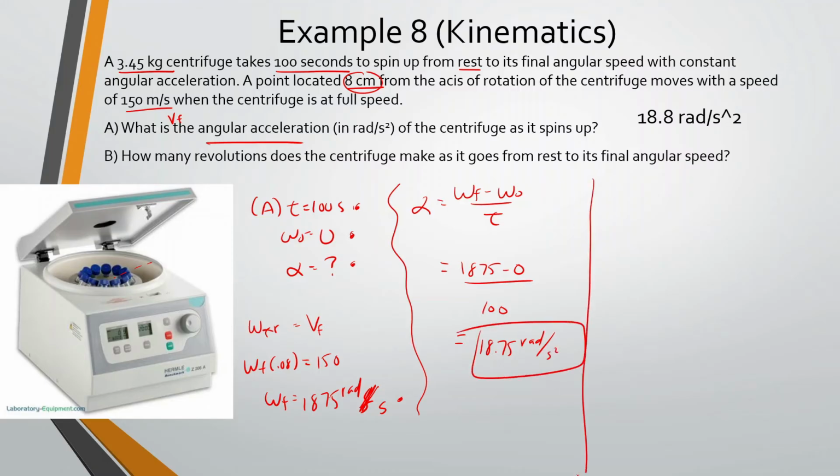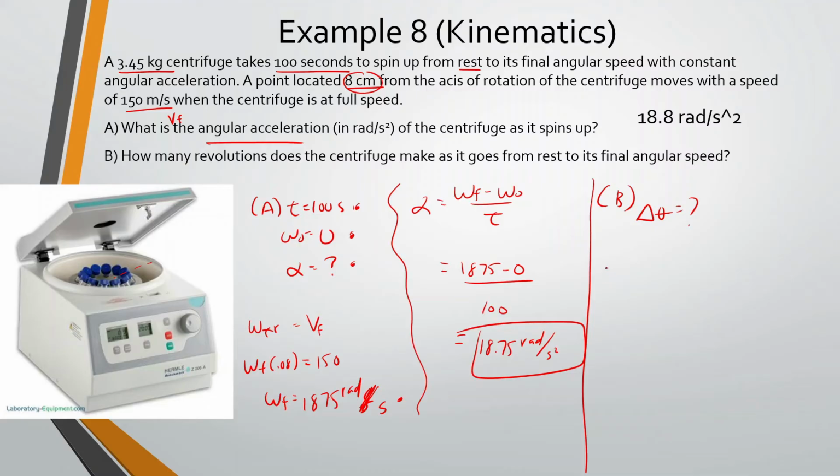Part B. How many revolutions does the centrifuge make as it goes from rest to its final angular speed? We're looking for a change in theta.